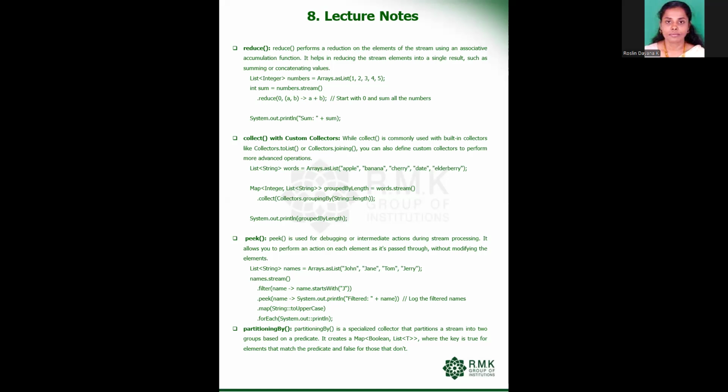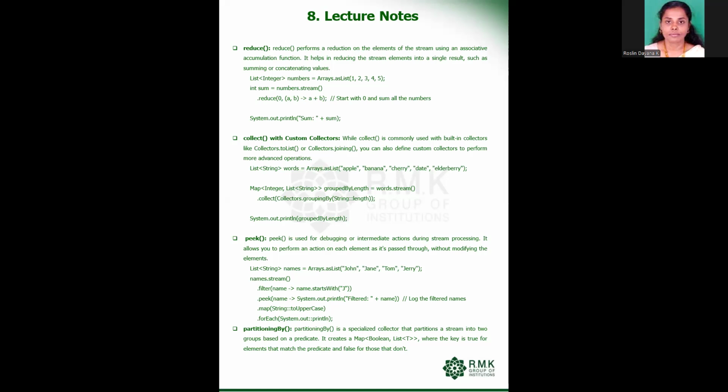So we use the peek method to get the names starting with J, and we print here "filtered" and that name. For example, filtered John, filtered Jane, and Jerry, these outputs. Then map the string value to uppercase. So it will map the input to uppercase, and for each result, it will print the value.